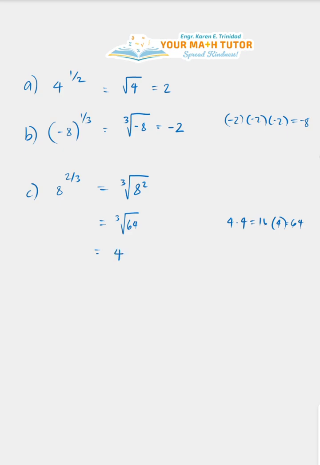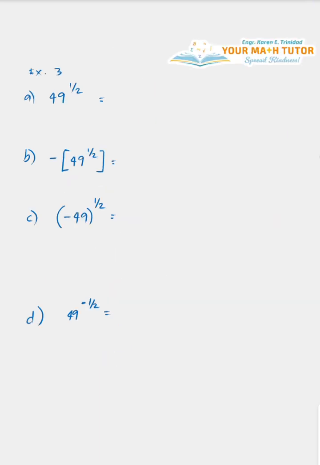Or we can also treat it as this: 8 to the 2/3 is equal to the cube root of 8, and then raised to square. So the cube root of 8 equals 2, squared is equal to 4. The answer is the same.